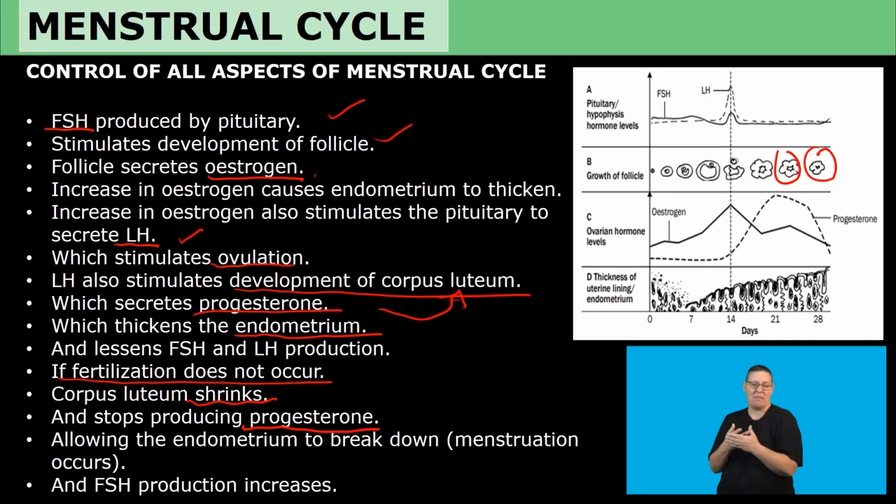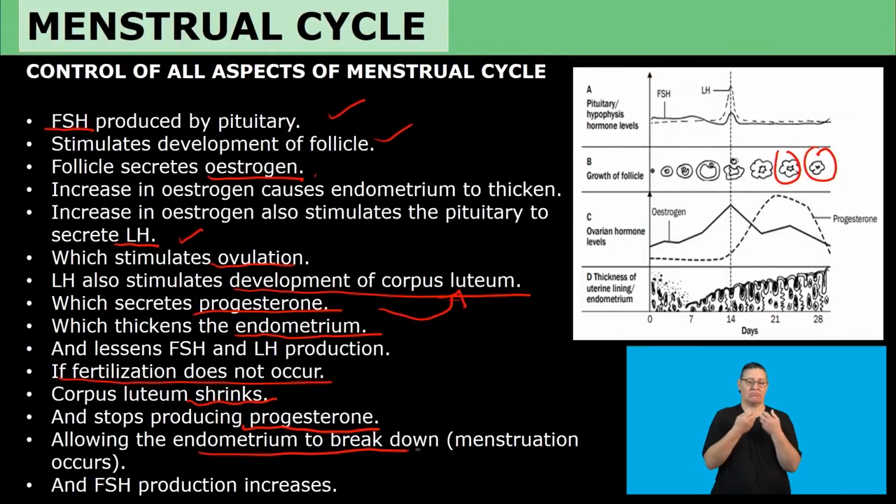So there is no fertilization because there's no reason to have progesterone further secreted. And allowing the endometrium to break down, you can see the endometrium broke down now, and then this female is now undergoing menstruation. And again, the process starts. FSH starts to peak, and you can see there is now follicle that is starting to develop again.